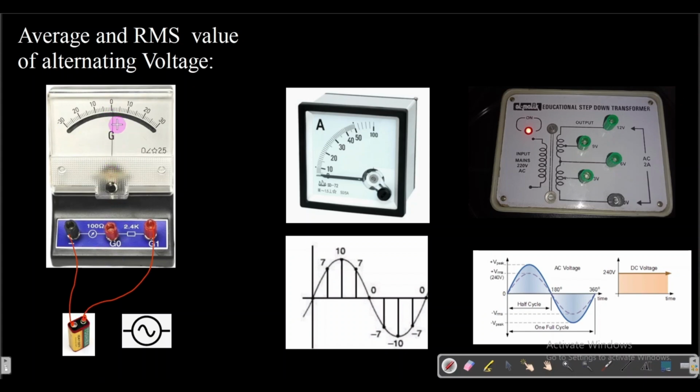The needle will be present at this position. Let's say that the deflection is 10 ampere.